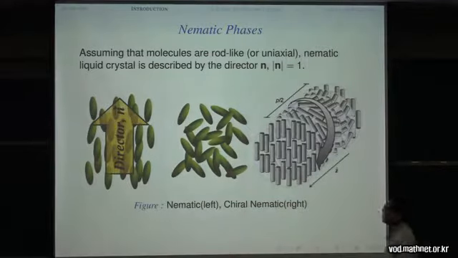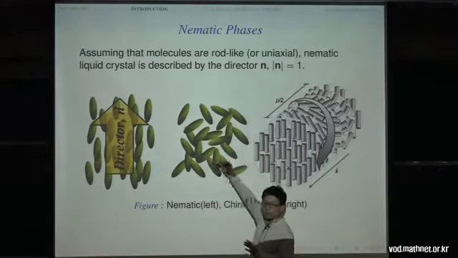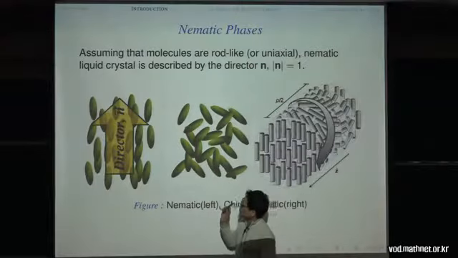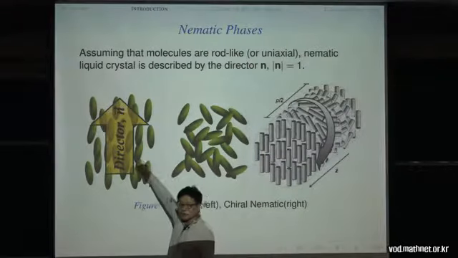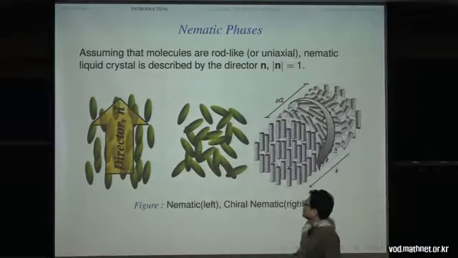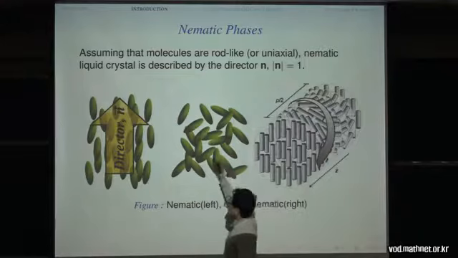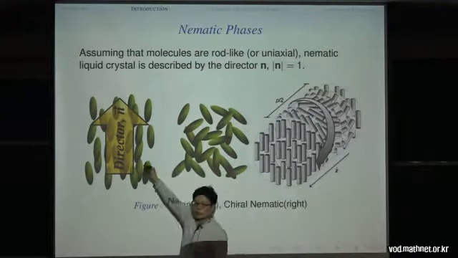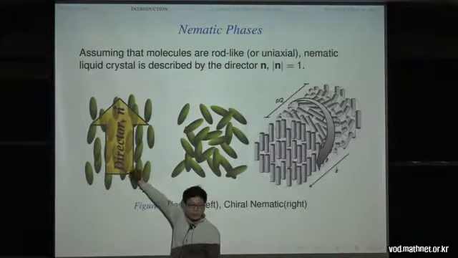But when you lower the temperature from the isotropic phase, the molecules try to align in certain directions. This is local. In order to study the structure of the molecules' direction, we are interested only in the direction of molecules.